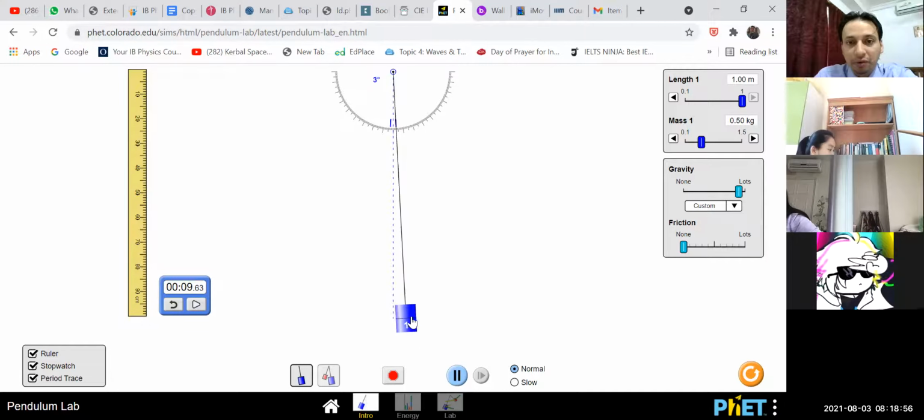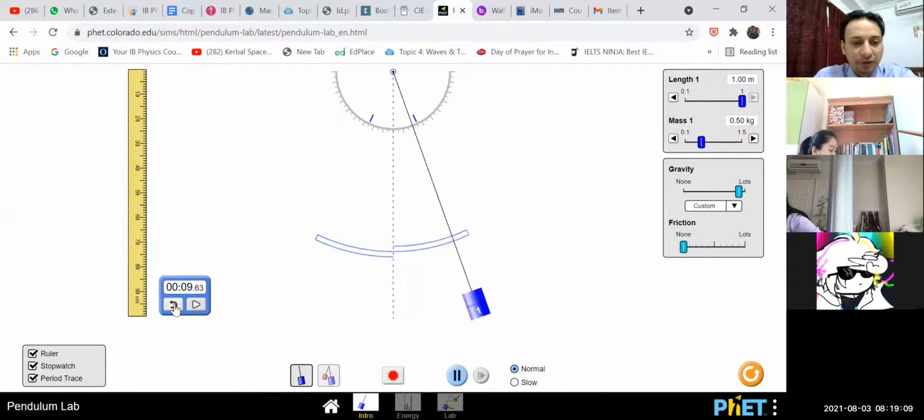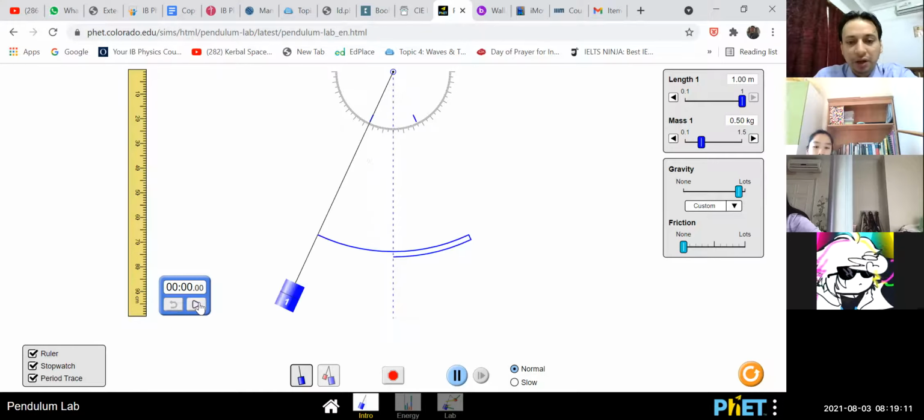All right, let me pull this pendulum with an angle of 25 degrees, and I'm going to release it. I need to reset the stopwatch also, and I am going to measure the time period of this pendulum when the length of the string is 1 meter long.